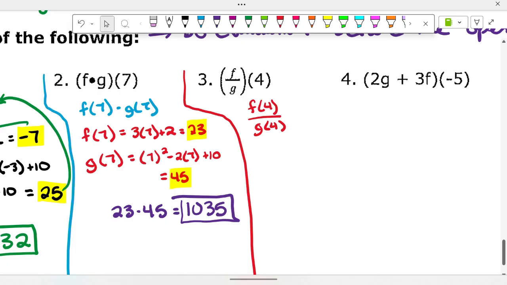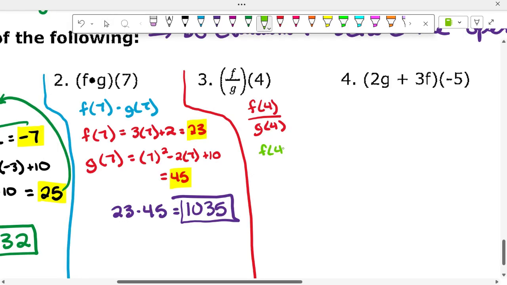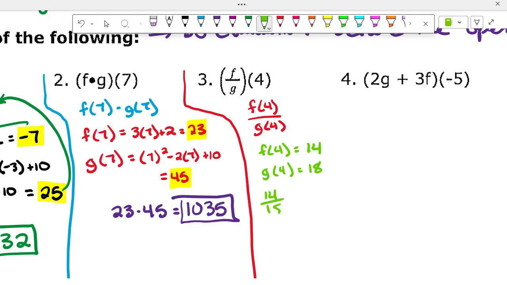What did you get for f of 4? So just f of 4. What was the number that you got? Good. All right, pick someone and tell me what they got for g of 4. Good. So if we divide them, we get 14 out of 18.